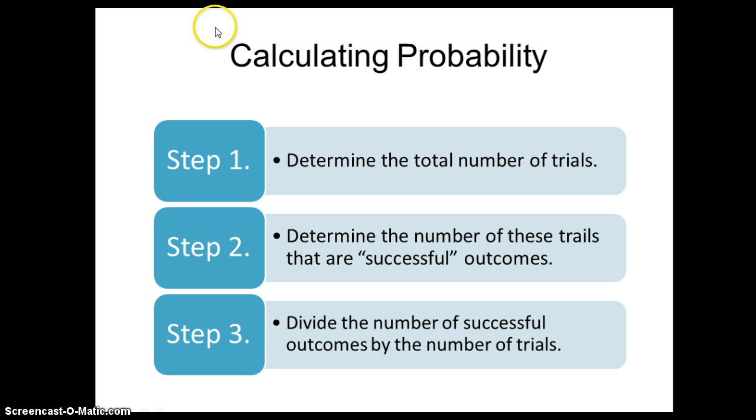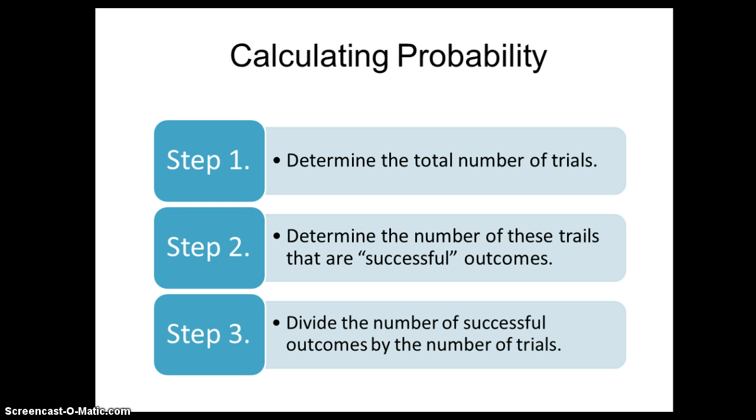But first we need to talk a little bit about how we arrive at calculating probability. So you determine the total number of trials. Let's say that we go back to that marble example and we decide to draw 10 marbles out with replacement. So we determine that we've got 10 total trials. And then we determine that a successful trial is when we draw a black marble.